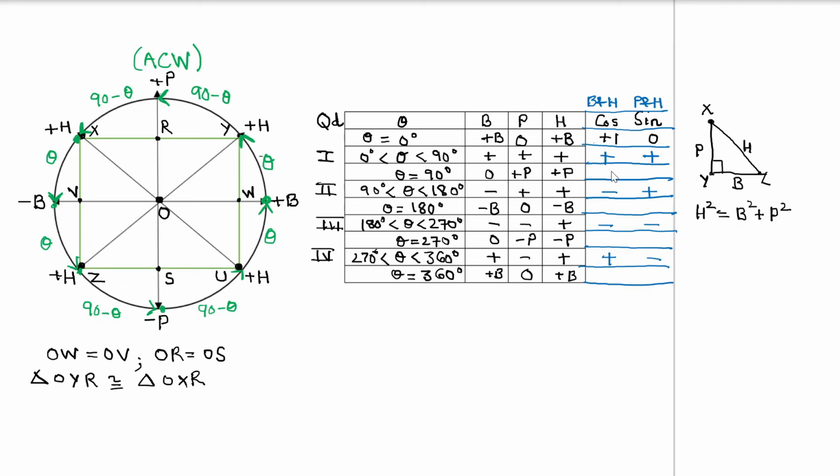Now theta is equal to 90 degrees. You see that it is P upon H, so this becomes 0 followed by plus 1. So you will see that you don't have to mug up the values. Now this again is 0 by H for sine.